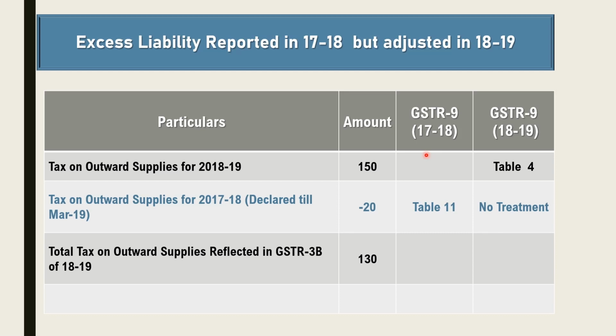So if my table 4 of 18-19 and table 11 of GSTR 9 of 17-18 are looked at cumulatively, this would match with my GSTR 3B of 18-19. So this is how we can reconcile the figures of 3B vis-a-vis GSTR 9 of 17-18 and 18-19.